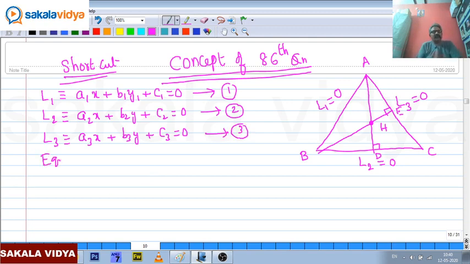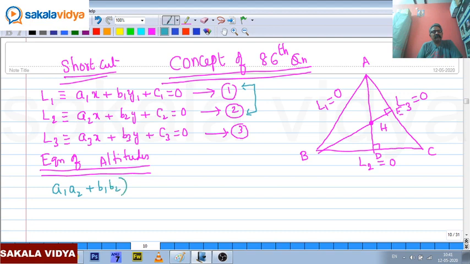Now equation of the altitudes find out. For example, AD if you want to find out. Understood now. How to find out AD means actually here, or any equation of altitudes. Equation of altitudes means first consider these two equations. Here A1 A2 plus B1 B2 into L3.